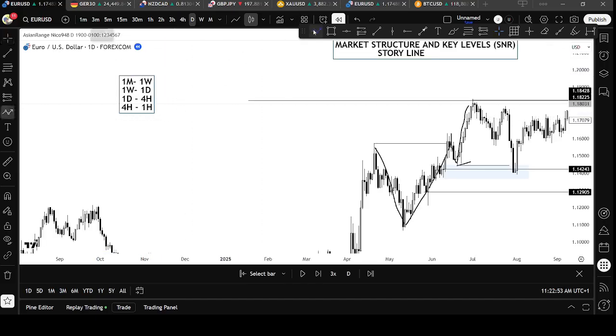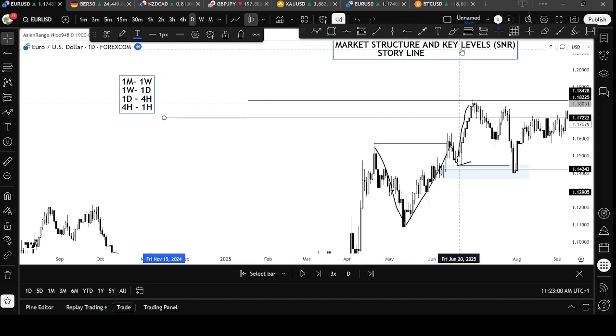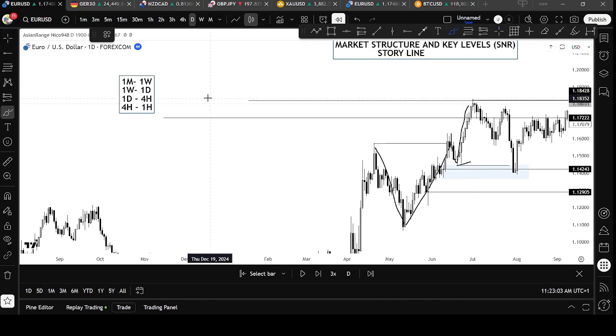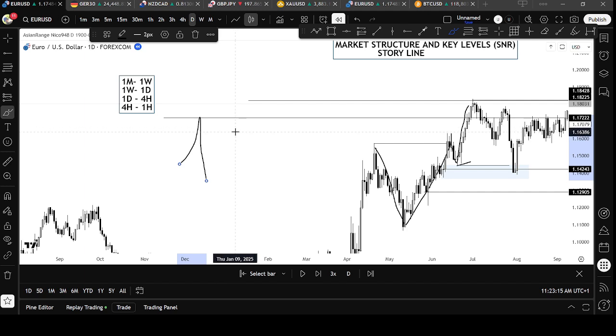What do I mean by a break? Now, if this is a monthly level and price tapped into it like this, so this is a monthly time frame. Now if you go to your weekly time frame, and on your weekly time frame you see price doing something like this, and then you saw a break.